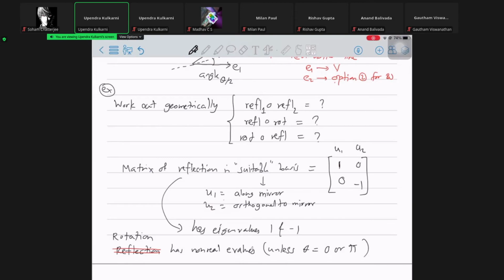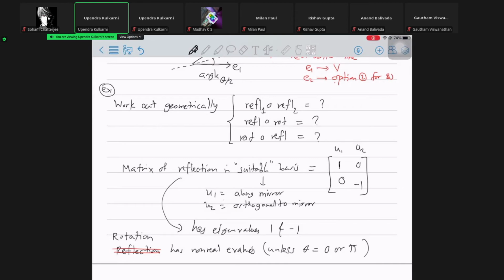Now look at this direction. I am of course going to choose this as one of the vectors to describe the matrix of my orthogonal operator in a nice way. So what do I do now? This is an orthogonal operator, and it is keeping this direction fixed.